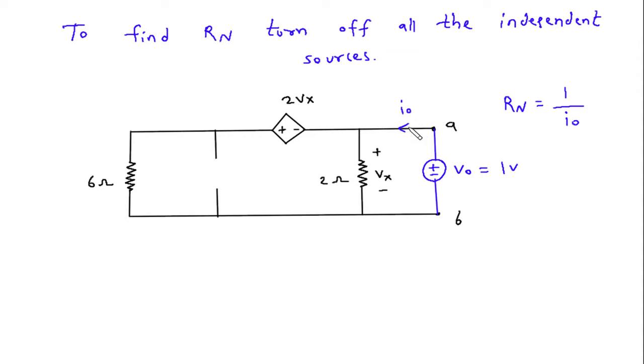So to find IO, let's say this is node VA, this is grounded. Now let's say this is current I1 and this is I2.